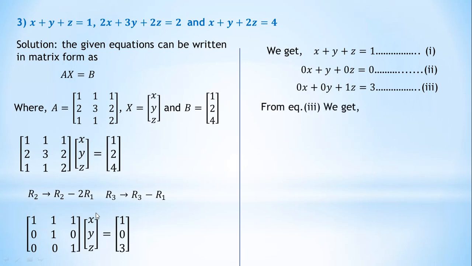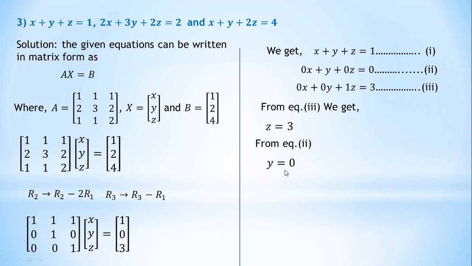But from equation number 3 we get the value of z is equal to 3 directly. See here, observe equation number 3, then we get z is equal to 3, and from the second equation directly you will get the value of y is equal to 0, because we have removed x and removed z also due to this 0 and this 0.